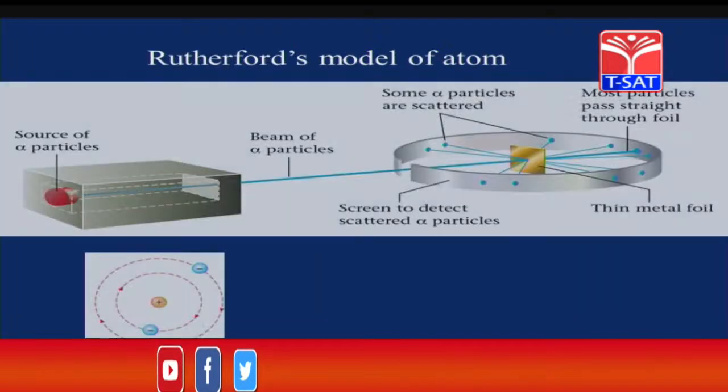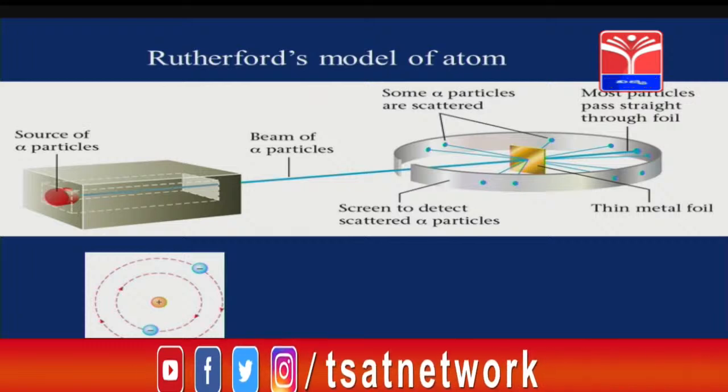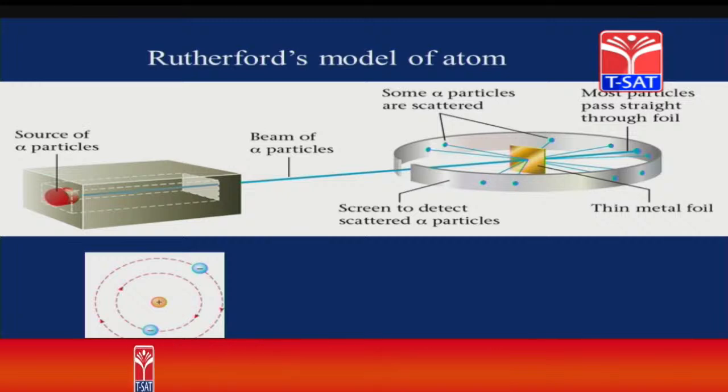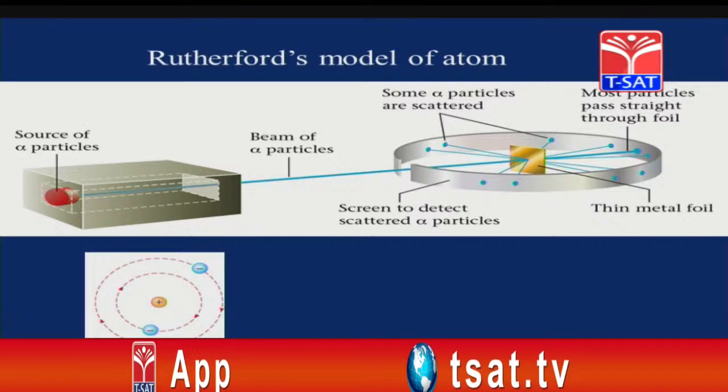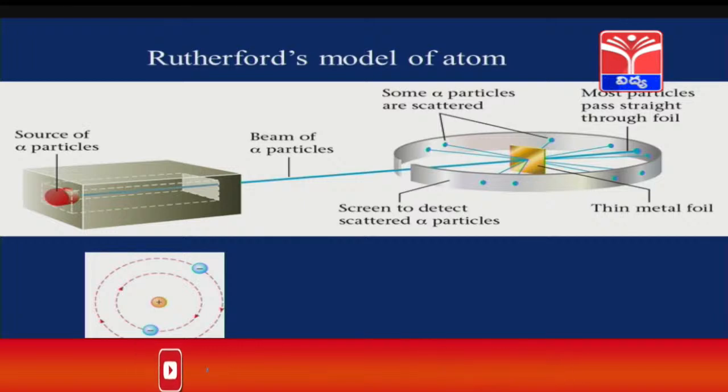Rutherford's model of the atom. This model is purely based on the observations of Rutherford's alpha particle scattering experiment. From the observations, Rutherford concluded that most of the space inside the atom is empty.